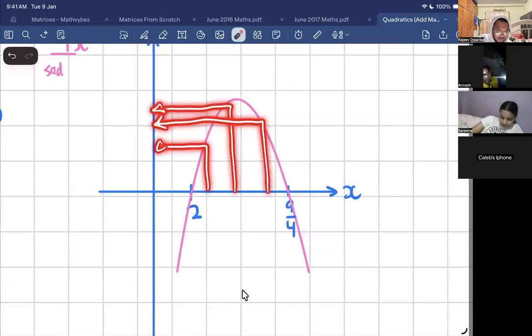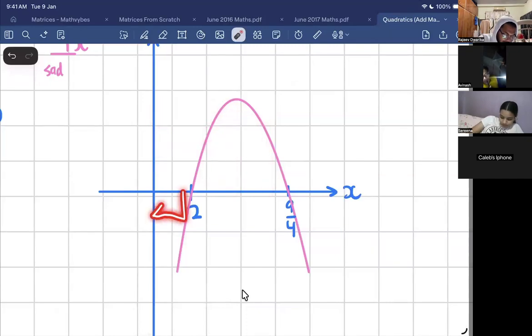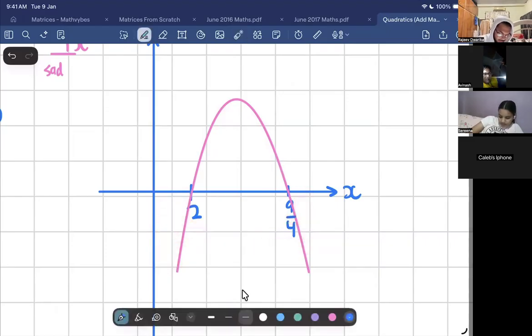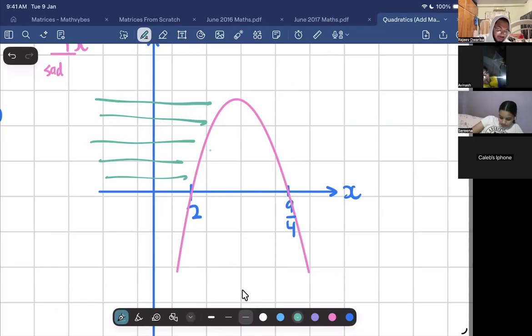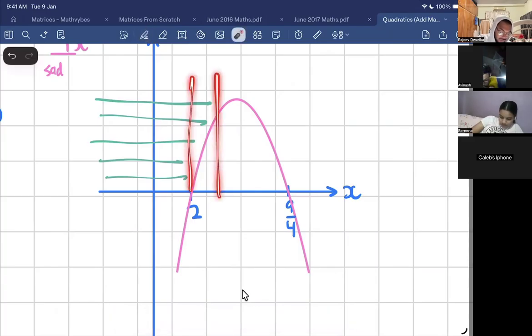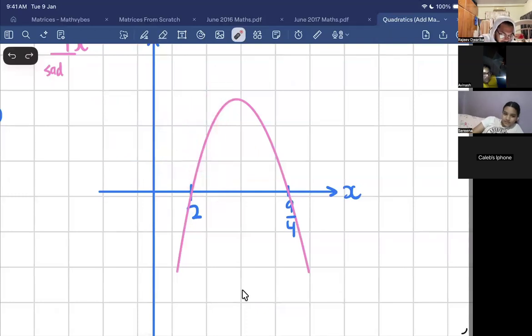No. What about a value that is less than 2? Yes, sir. What about a value that is more than 9 over 4? Yes, sir. So, can I shade over here? No, because if I shade over there, wouldn't that include values that are positive? Look at where it's going, it's going past the 2. Serena, you see that? If I shade over there, isn't it going past the 2? Yes, sir.